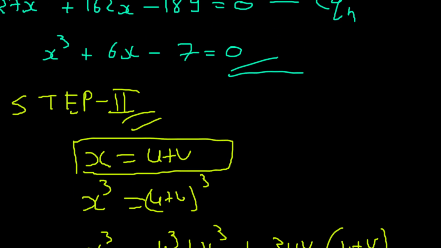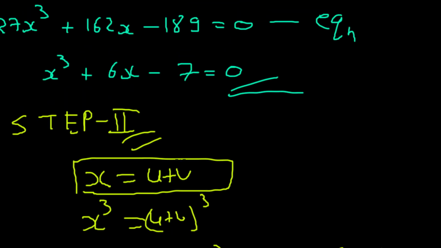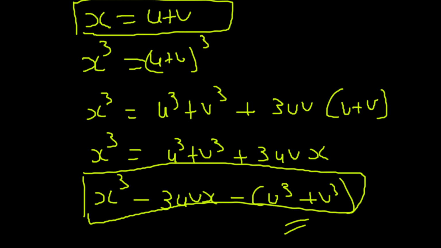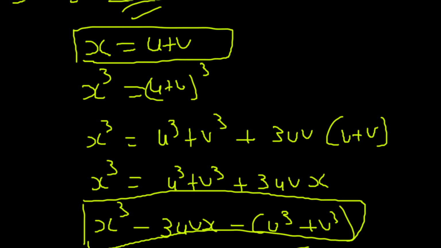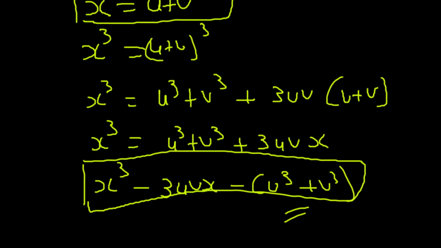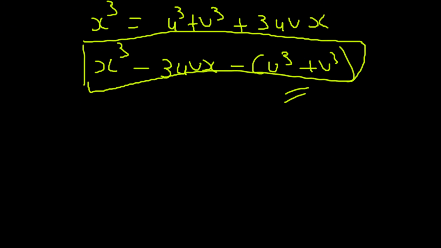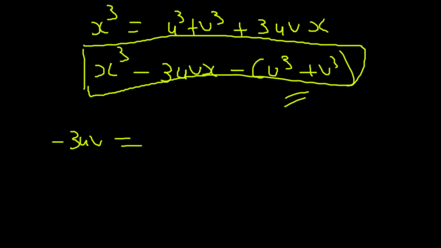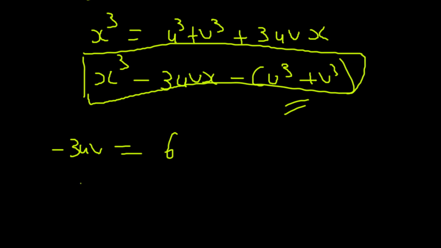Now we're going to equate the coefficient of x and the constant term. Equating, minus 3uv will be equal to positive 6. So it can also be written as uv equals minus 2.